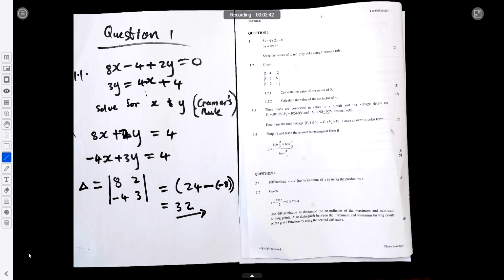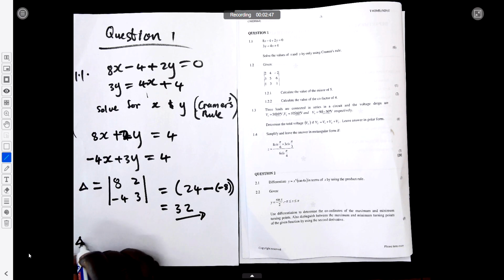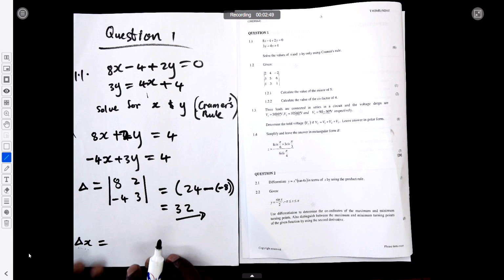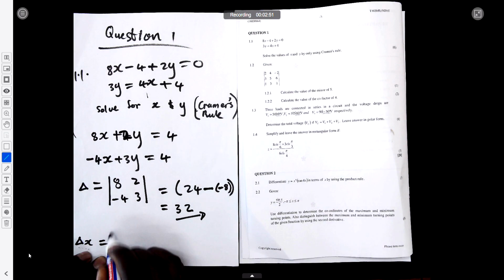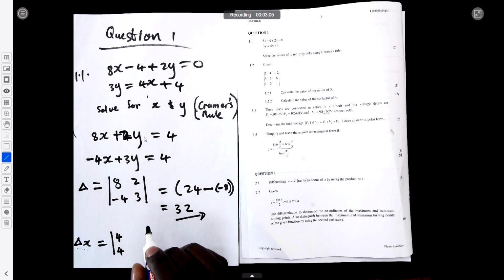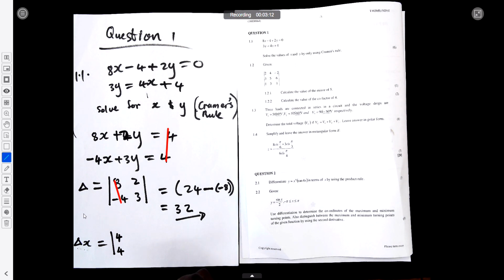Now let's start by solving for x. To solve for x, we need to find the determinant of x, or delta x. Which column are we going to replace here? The first column, right? It came from the coefficients of x, so we replace it by the constants 4, 4.